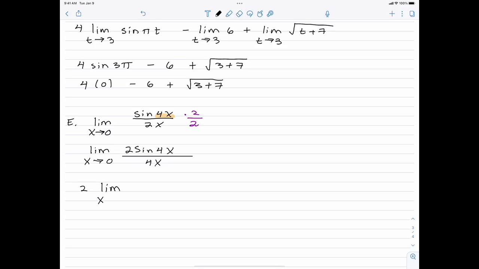You don't have to do this step, I'm just being fancy. This by flashcard, when I say this, I'm talking about this stuff right here, is just 1. So we get 2 times 1. Make sure when you're looking at yours, did you keep that limit as you went through?